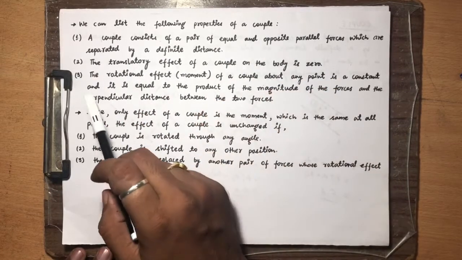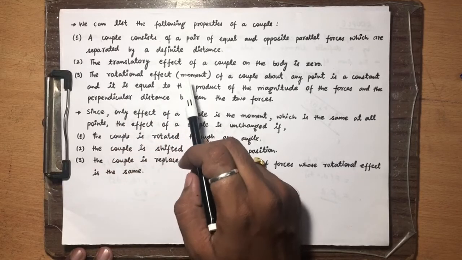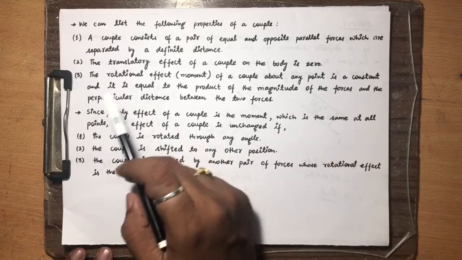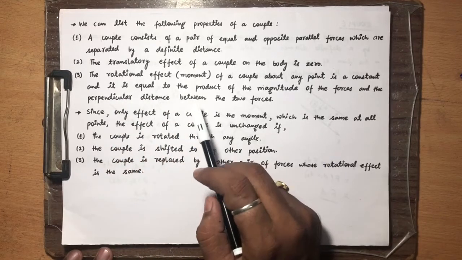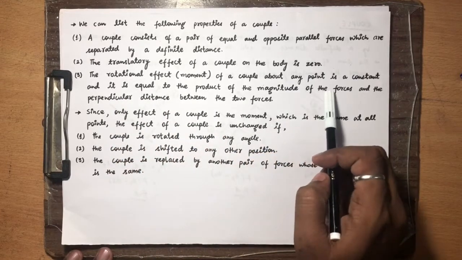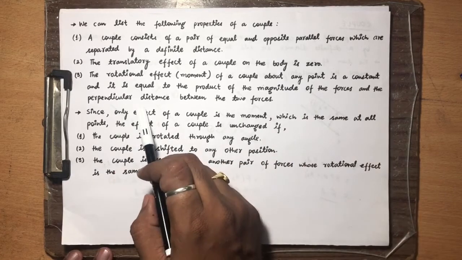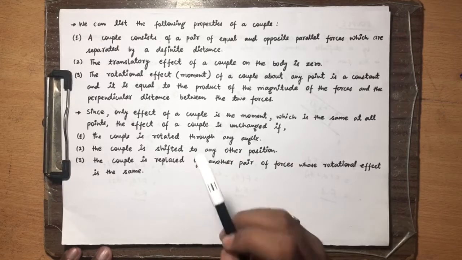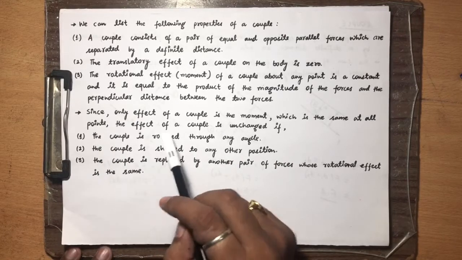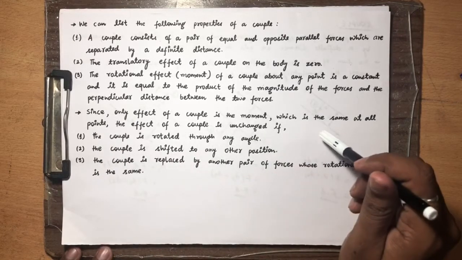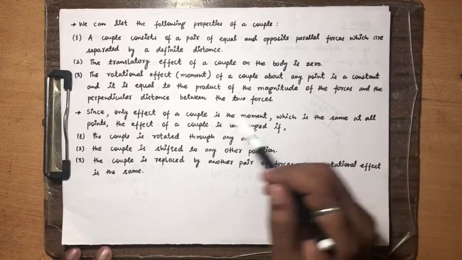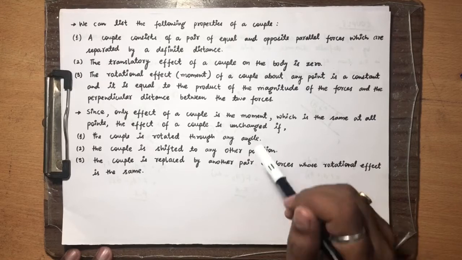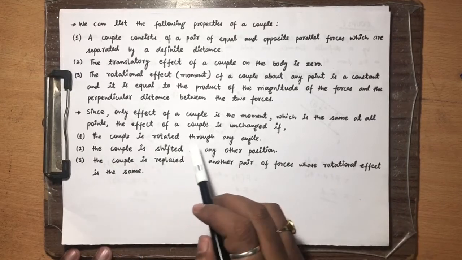This also we have seen. The rotational effect, that is the moment of a couple about any point, is a constant, F into D, as we have seen, and it is equal to the product of the magnitude of the forces and the perpendicular distance between the two forces. Since the only effect of a couple is the moment, which is the same at all points, the effect of a couple is unchanged if the couple is rotated through any angle.